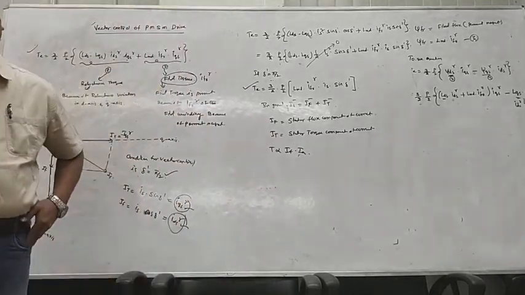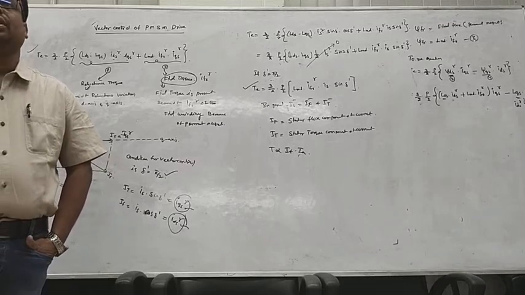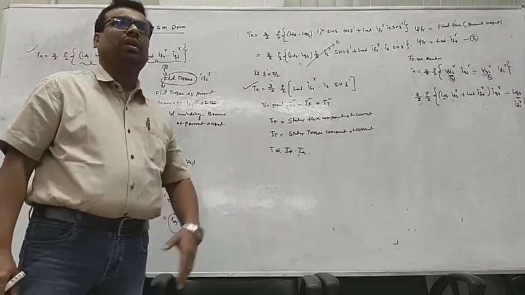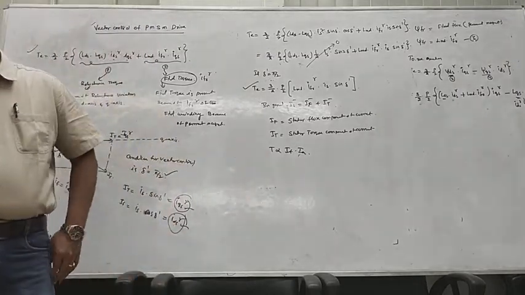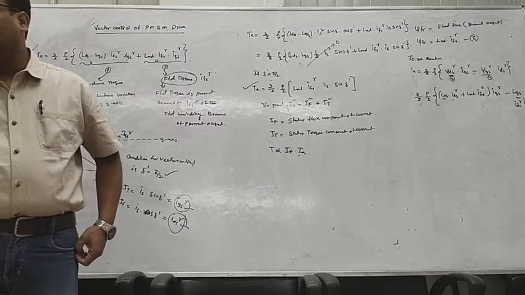So this is similar to your DC motor performance. Usually in a permanent magnet synchronous motor, PMSM, the flux is produced by the field winding or field magnet.